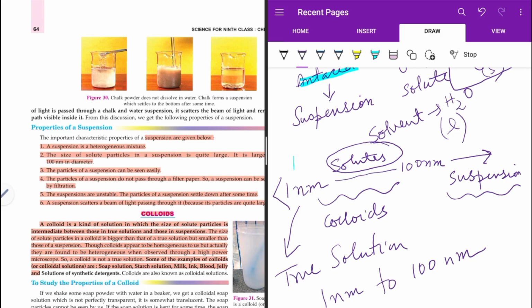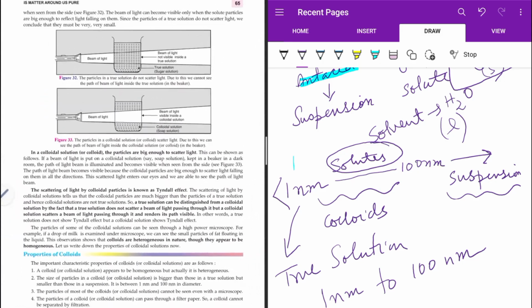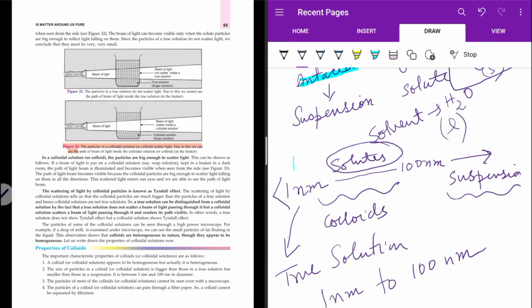Let us see the properties of colloids. This figure is showing the Tyndall effect. A beam of light does not scatter when it is passed through a true solution. The path is not visible. But the beam of light scatters and the path is visible when it is made to pass through a colloidal solution.